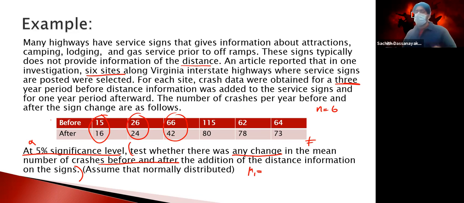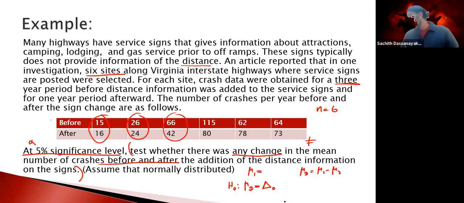Simply. Right? So your H naught, the null hypothesis, is what? Oh sorry, you have to mention what mu d is. Mu d is mu1 minus mu2. So your mu d definitely equals what? Now what about delta naught?